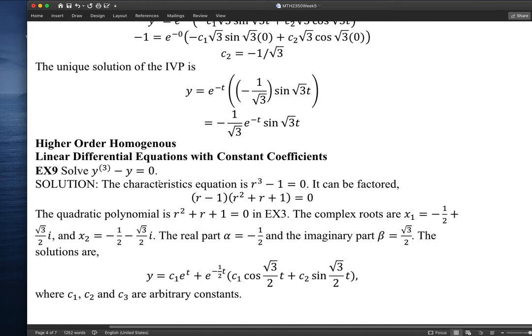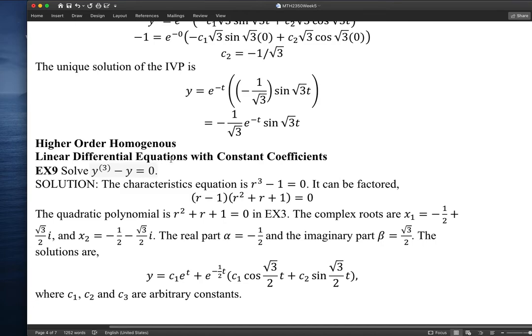So example 9, this is what I have. It is a third order differential equation. It is linear, homogeneous, third order with constant coefficients. And if you remember how to make the arrangement for the quadratic polynomial, you match the order of the derivative with the degree of the polynomial.